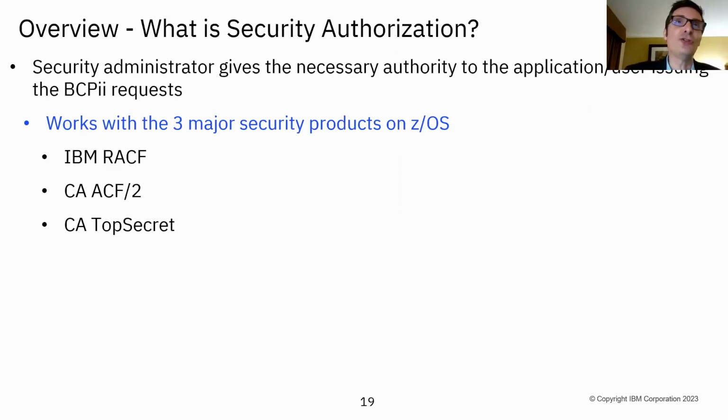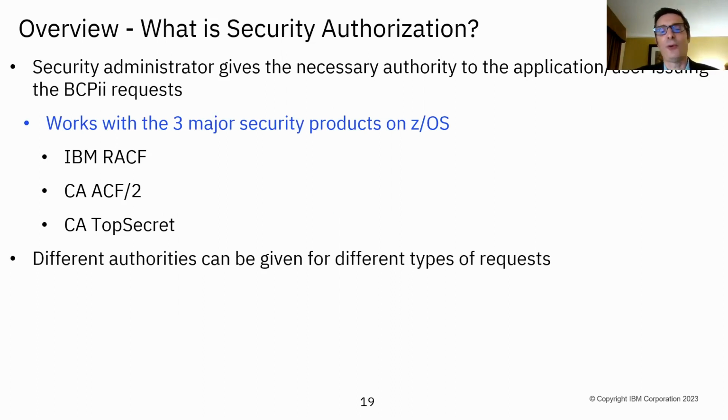So in addition to the program authority that I need to have that says that this program is an extension of the operating system, I also need to have had the system administrator give the necessary authorities to your particular application to be able to run that. And so different authorities can be given for different types of requests.